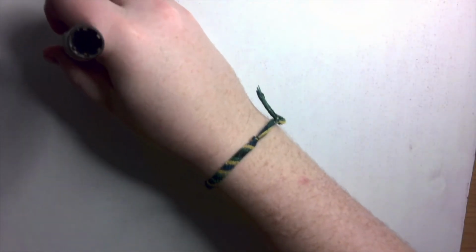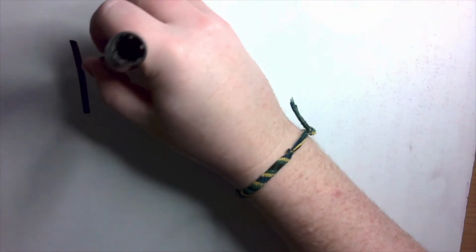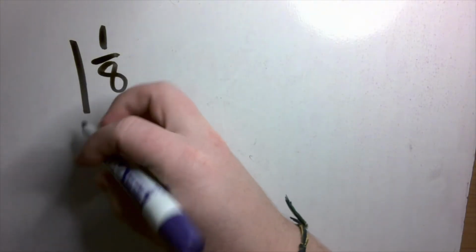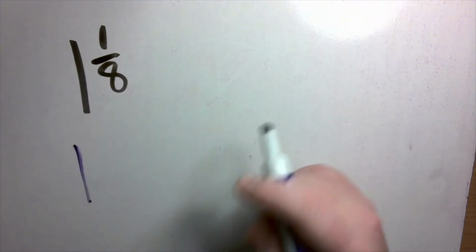The first question I am going to work with is 1 1/8. And I need to make this into an improper fraction. Okay? Now the way I'm going to do that is I'm going to take this number 1 and remember, let's turn this a little bit. Does this straighten it out? There we go.